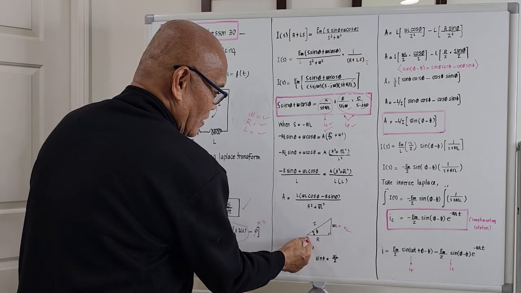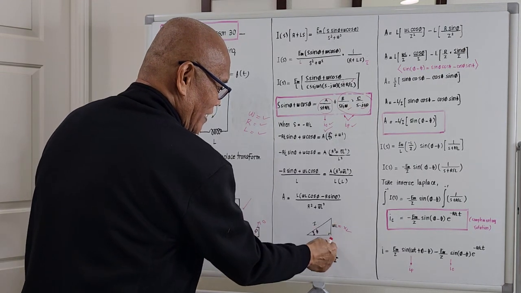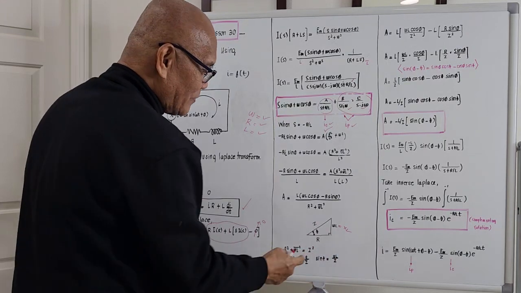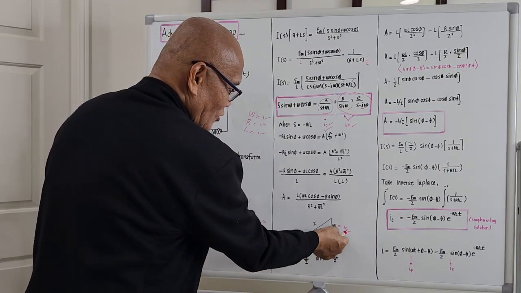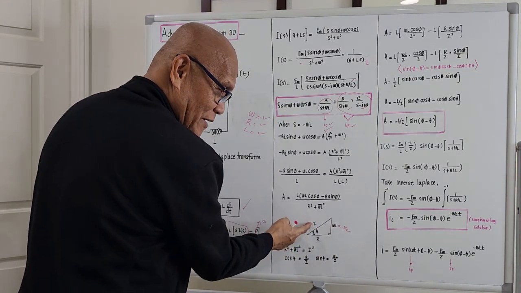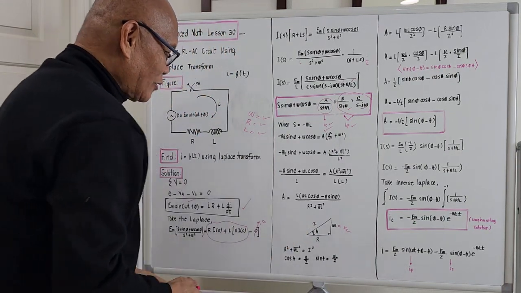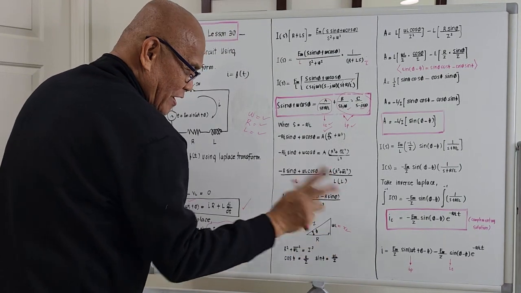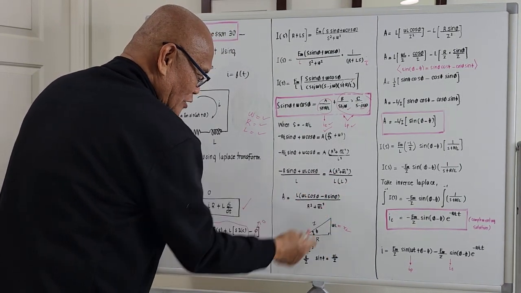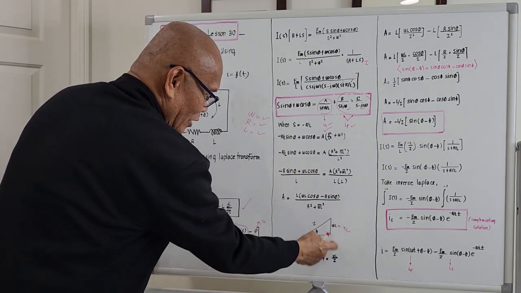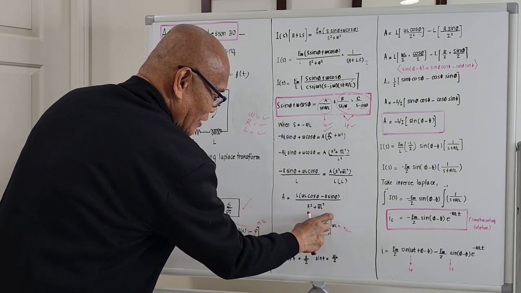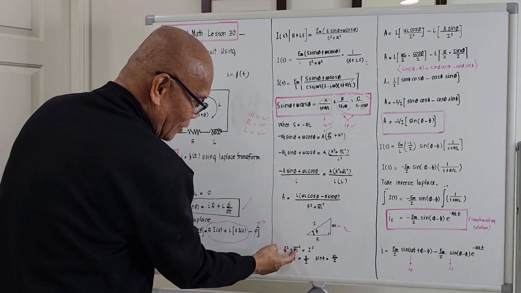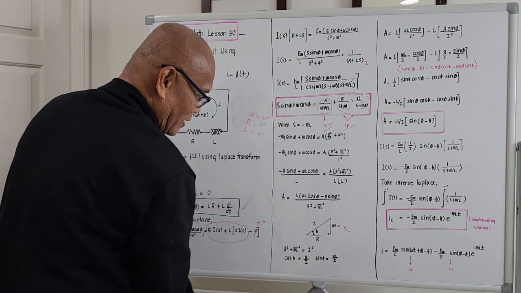Using your knowledge of trigonometry and the Pythagorean theorem, if this side is R and this is omega L, the hypotenuse is actually Z. So we can formulate the relation of Z in terms of R squared and omega L squared. If we square this plus this, it should be equal to Z squared. So I place it here, R squared plus the quantity omega L squared should be equal to Z squared.